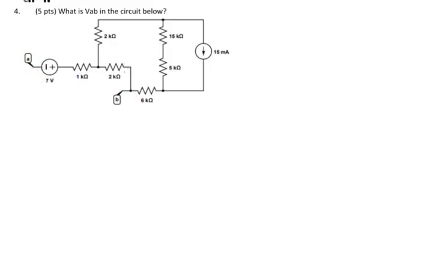So in order to calculate the voltage drop across the 2K right here, I simplified this network of resistors and this current supply over here. So you can treat these two resistors as one, so that'd be a 20K resistor.